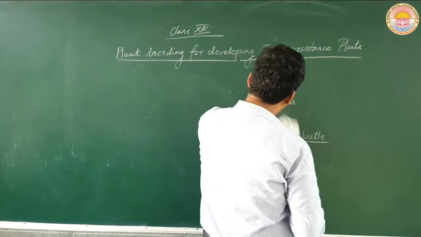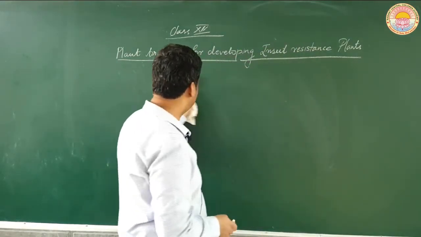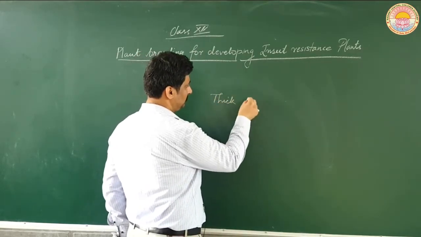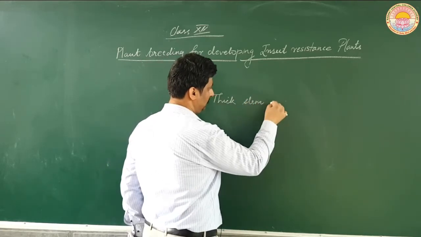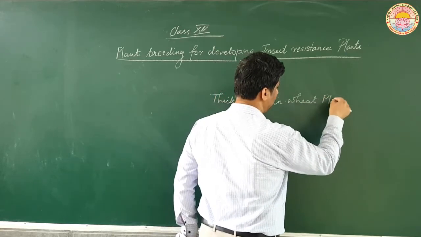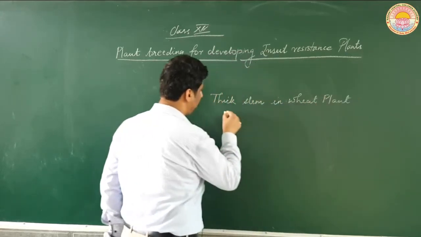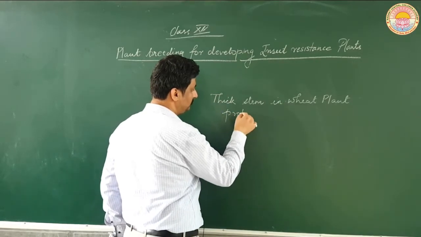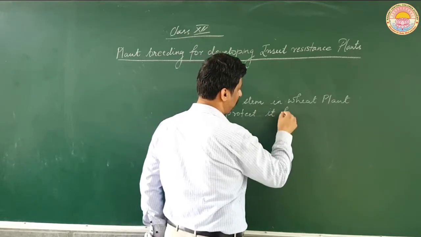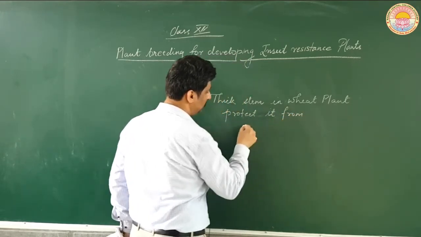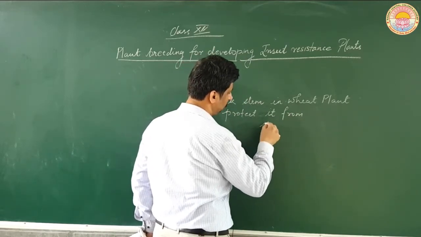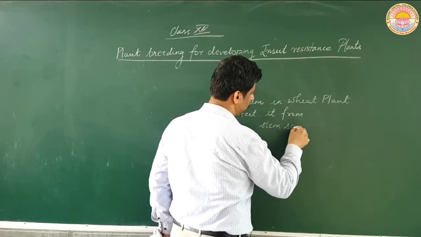Now let us talk about certain other examples. Thick stems. Thick stem in wheat plant protects it from stem sawfly.